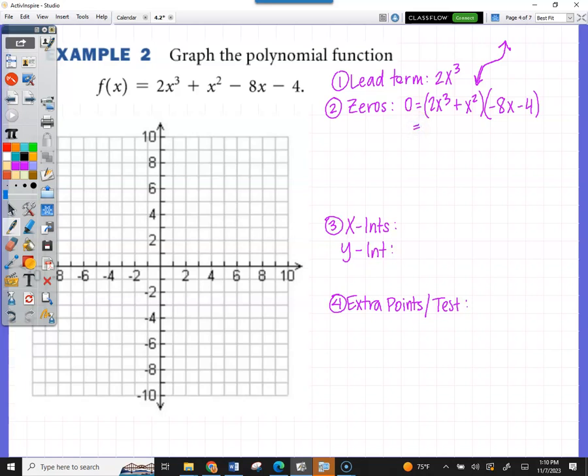Alright, GCF here, x squared. I'd be left with 2x plus 1, right? What's the GCF here? Negative 4. It's always the sign of that term. That's why I look at it. Pay attention to that sign. And then I'd be left with 2x plus 1. Now my GCF is 2x plus 1.